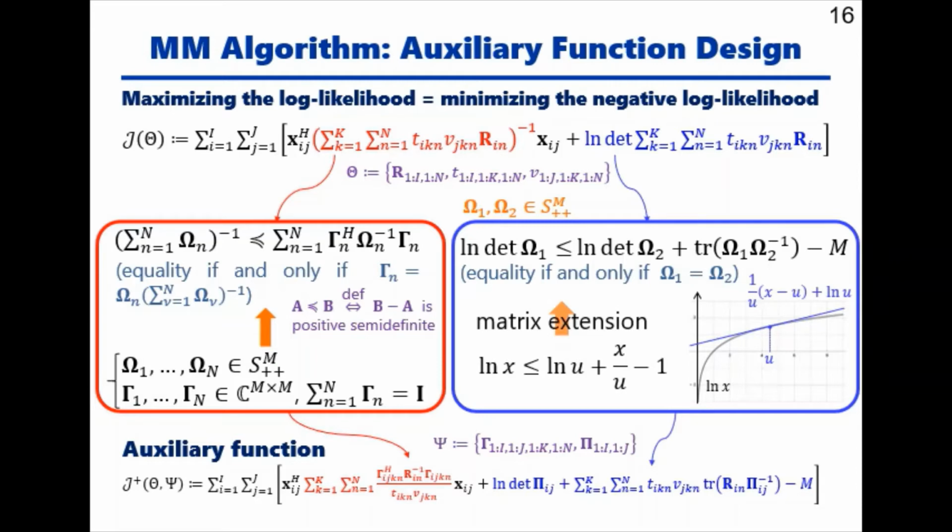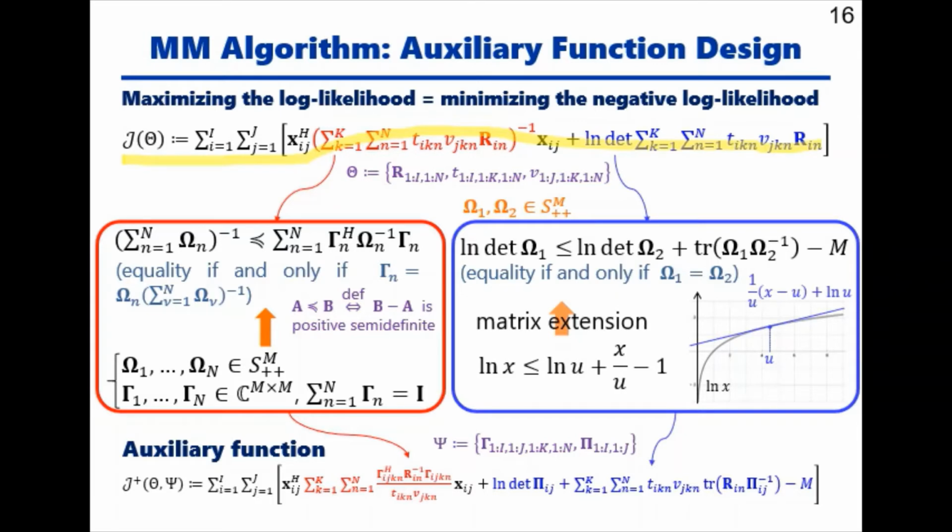Our cost function is the negative log likelihood given by this equation. As in FCA, the red and the blue parts are difficult parts to handle, and so we aim to majorize them by functions that are easier to handle.